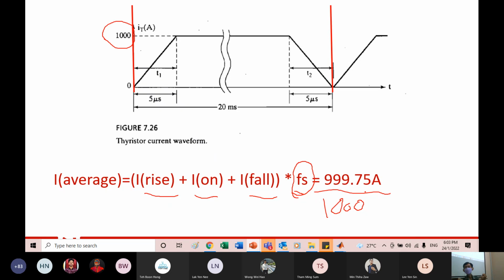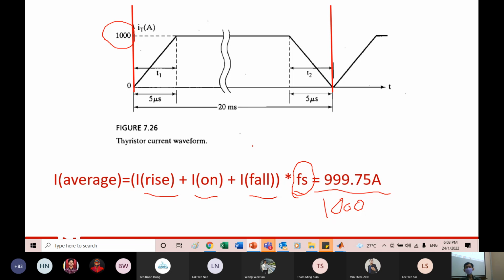The turn on delay is like 10 nanosecond in the transistor. But with this one at 50 hertz, you don't really see the difference. So the only difference you can still see is actually the rise time and the fall time. So we only take the rise time and fall time into account.